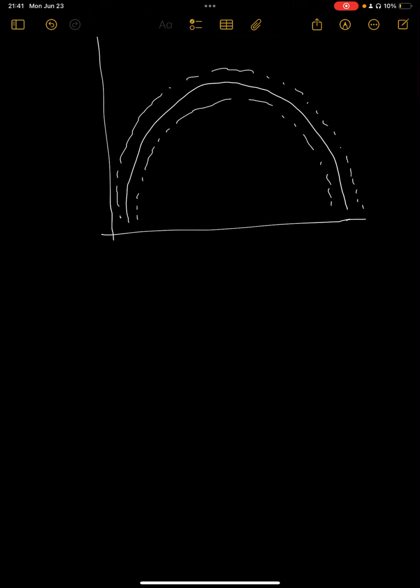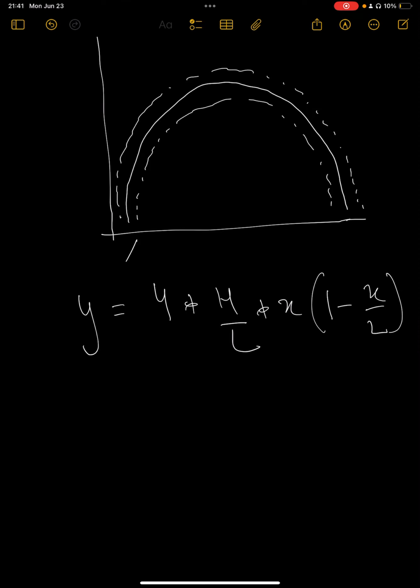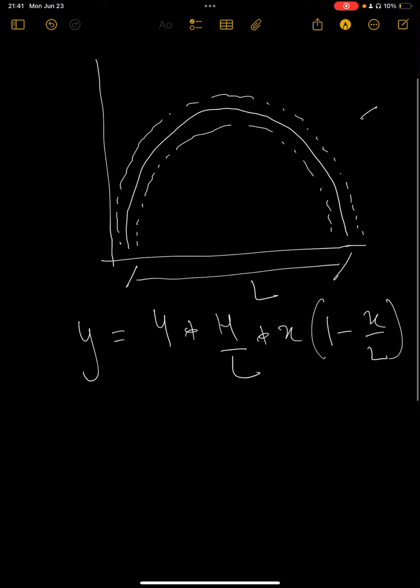So, for this parabola, the equation I'm following is y = 4 * (h/L) * x * (1 - x/L), where L is the length of the arch, and h is the height of the arch.